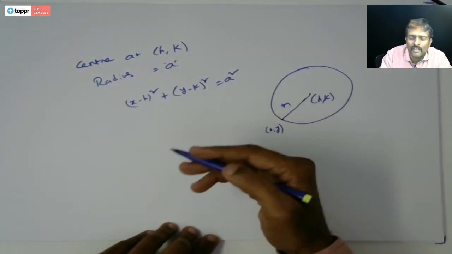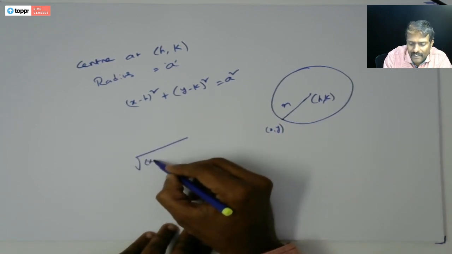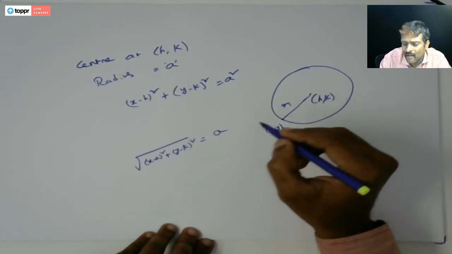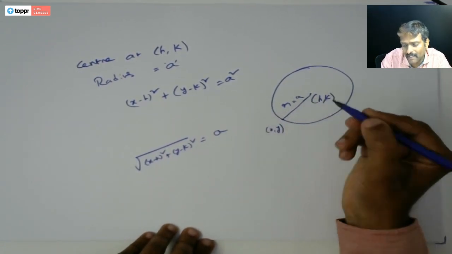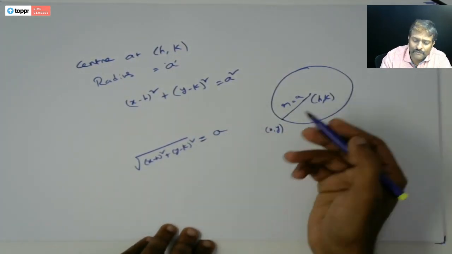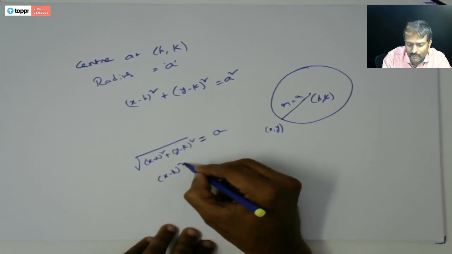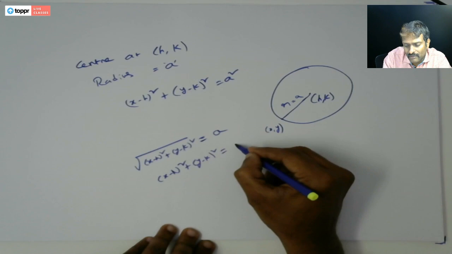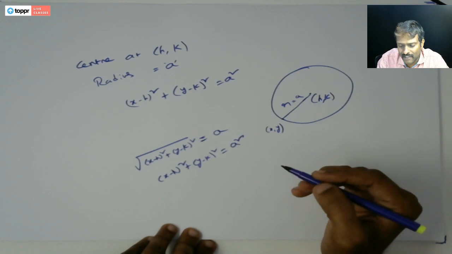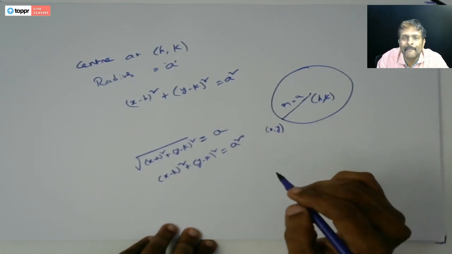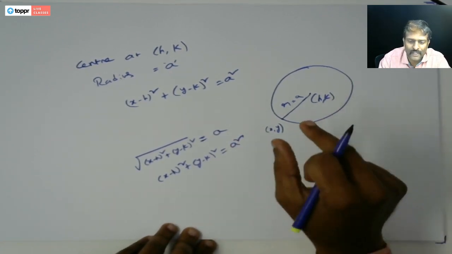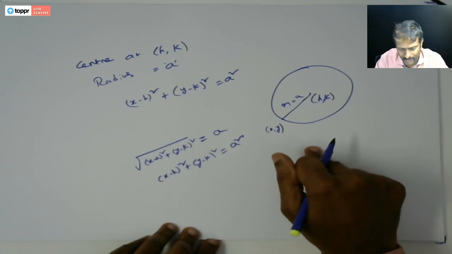So using that, we can write root of x minus h whole square plus y minus k whole square is equal to a, as we took the radius as a. Now if you square both sides, you get the equation of the circle: x minus h whole square plus y minus k whole square is equal to a square, a being the radius. This is the equation of a circle when the center and the radius are given to us, right?